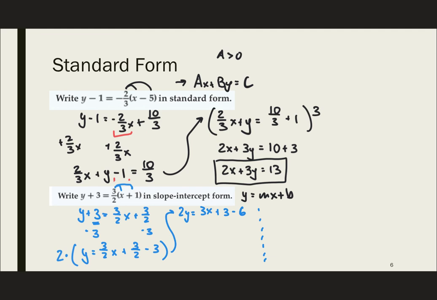The nice thing about this one, I'm going to combine like terms while I'm talking, is it makes those back two terms easier to deal with. Okay, simplifying this was nice and simple. But now I have to still get y by itself. There's another step involved. So now I'm going to divide everything by 2. And I have y is equal to 3 over 2x minus 3 over 2.